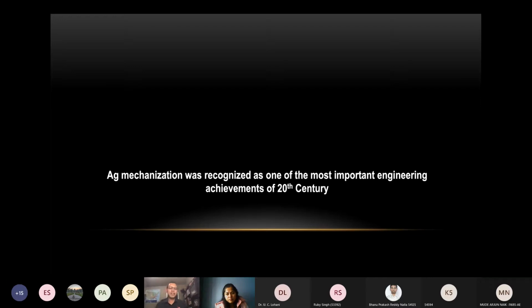So before even getting there, though, I want to just start with this statement that mentions that agricultural mechanization was recognized as one of the most important achievements of the 20th century. I think it was recognized as number 6 or number 7 out of 100 achievements recognized. That's because the machinery system and farming systems that we have developed over the last 100 years have transformed agriculture substantially, in a way, radically.